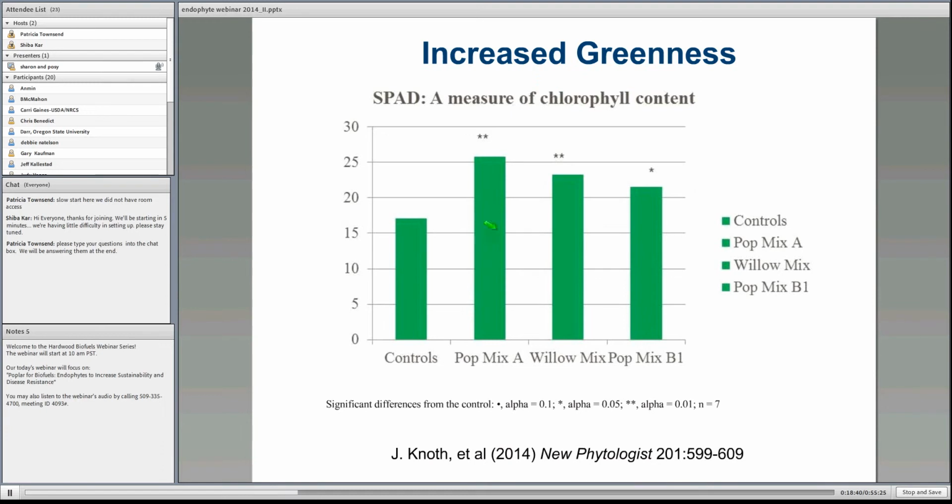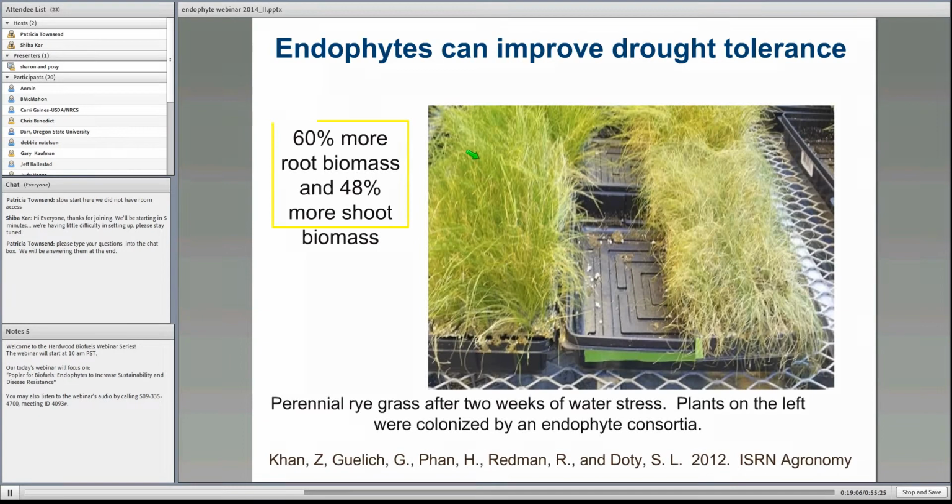This results in increased greenness of the plants. So this is poplar grown without any ammonia or nitrate. This is a measure of the greenness, the chlorophyll content of the plants. When we add different mixtures of the poplar endophytes from the wild or willow, we see a significant increase in the amount of chlorophyll that the plants have.